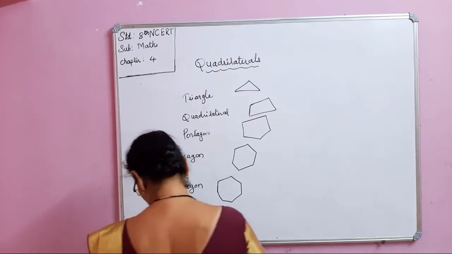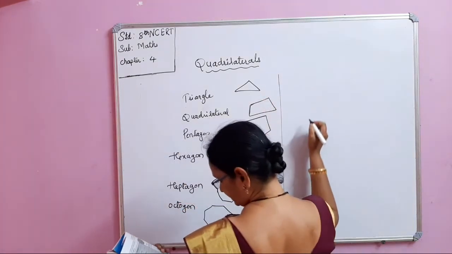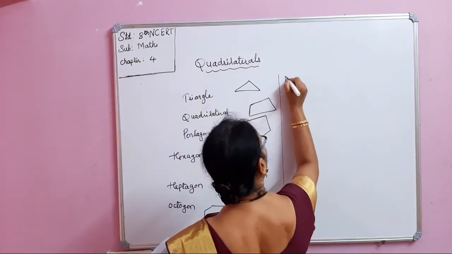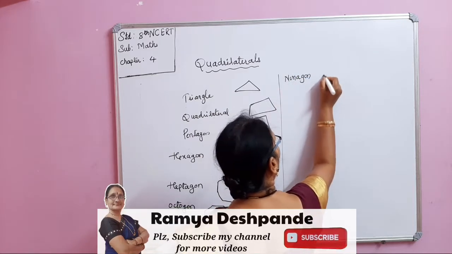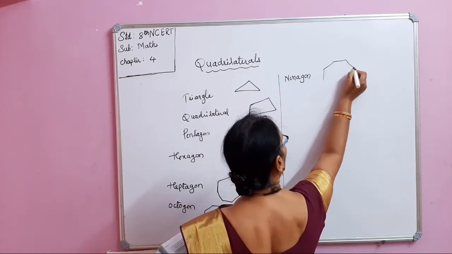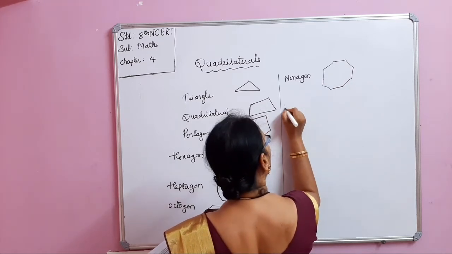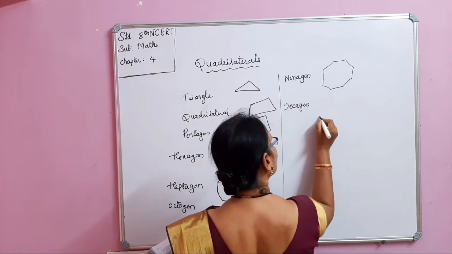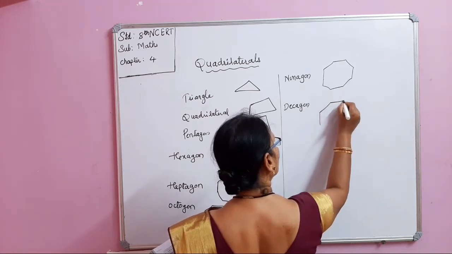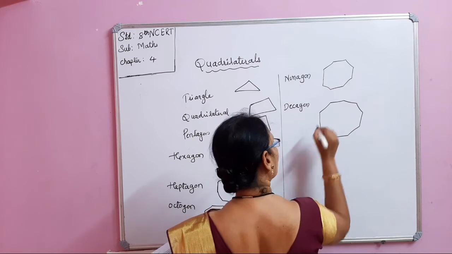Next comes nonagon, a 9-sided figure. 1 to 9. Then next comes decagon. That is a 10-sided figure. 1 to 10.